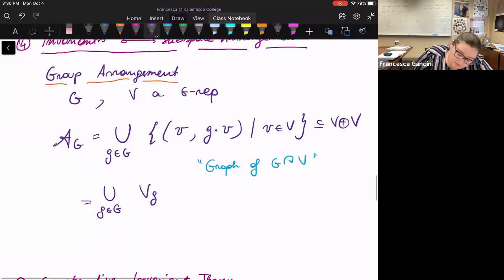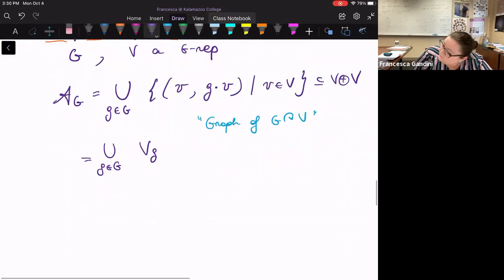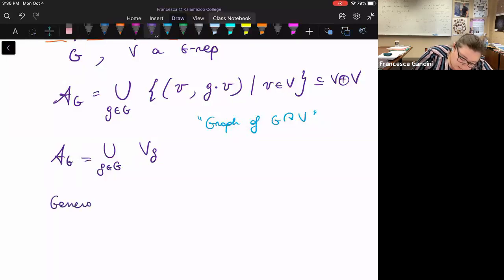Then each of these spaces is defined by a set of linear forms. I'm going to try to be explicit here just for a second. So I of V_g is generated by linear forms.